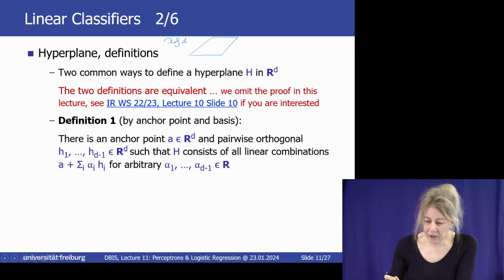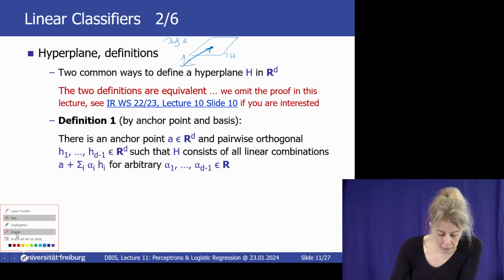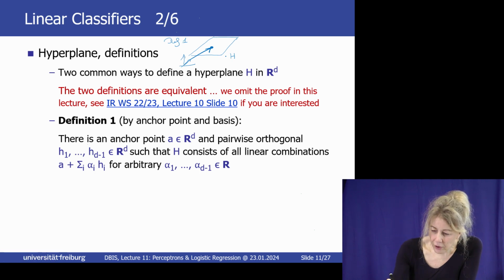So what do I have? Maybe here is my coordinate system, and I have here some point on the plane. So this is my hyperplane here, some plane somewhere in space floating around. I take one point, and that's my A here, that's my anchor point.